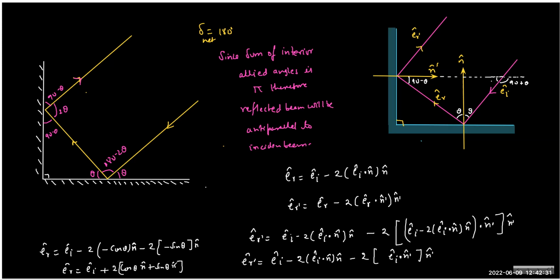So if you look carefully, this itself is like ER, cos theta n cap. ER is cos theta n cap. Right? Okay, this is one cos theta n cap and one sin theta. So this way it is not coming.